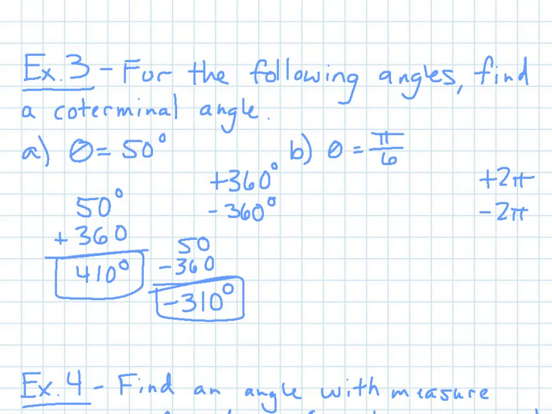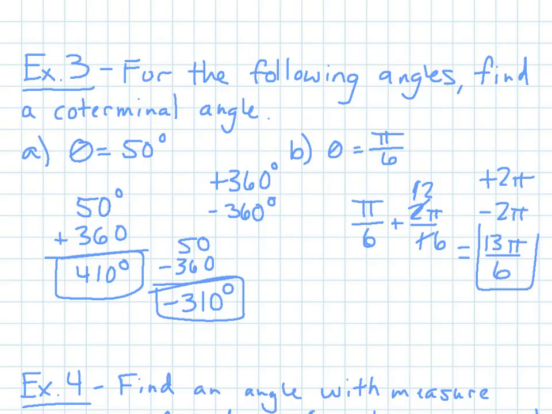Okay? Pi over 6 is the same way. So if I add 2 pi to this, remember I have to make common denominators. So 2 pi would be the same thing as 12 pi over 6. So this would be 13 pi over 6. Okay? That would be one coterminal angle.